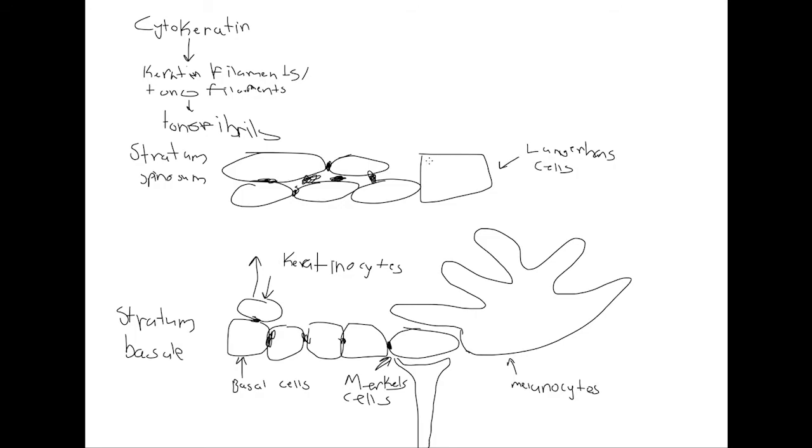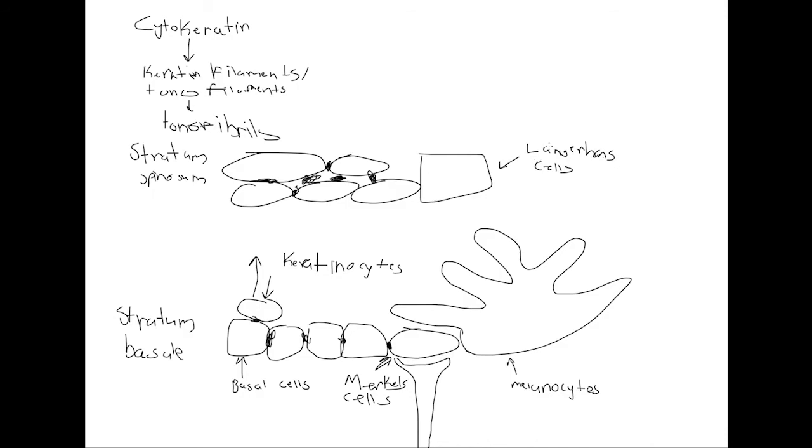I won't go into detail because they're part of the immune system, but they're most prominent in your stratum spinosum. That's why I'm drawing them over here. They're actually present in your entire epidermis.